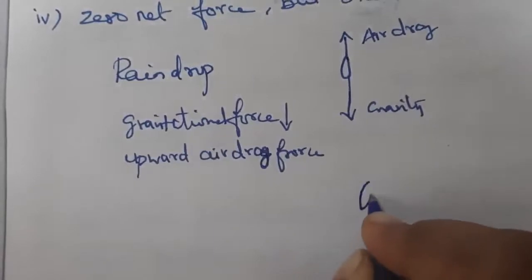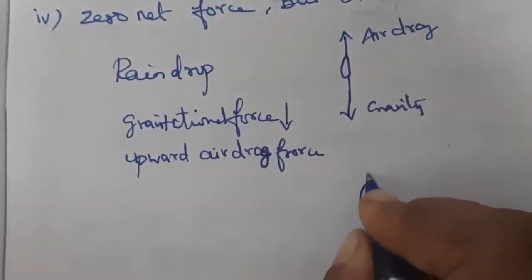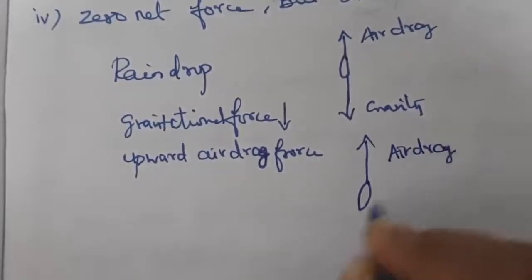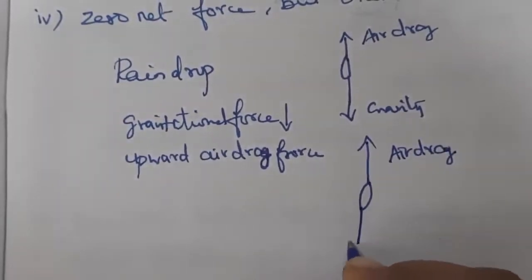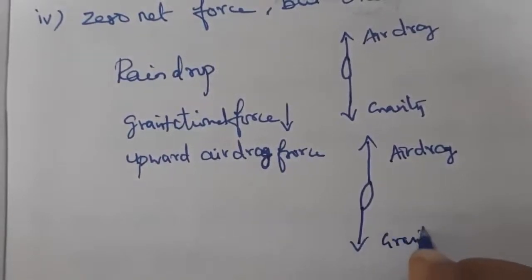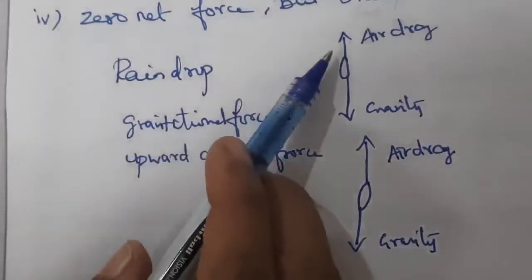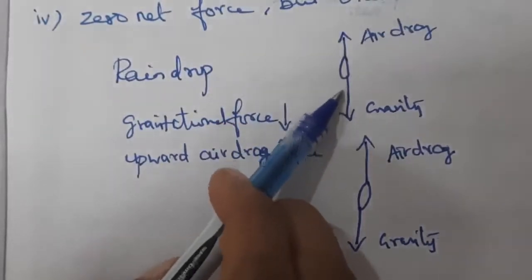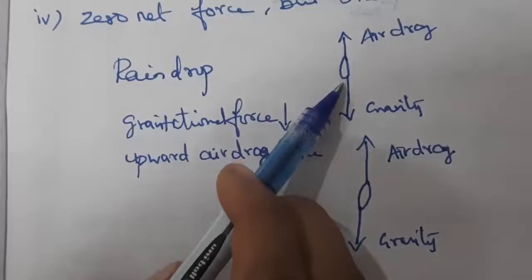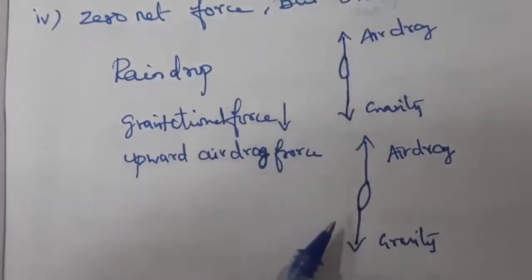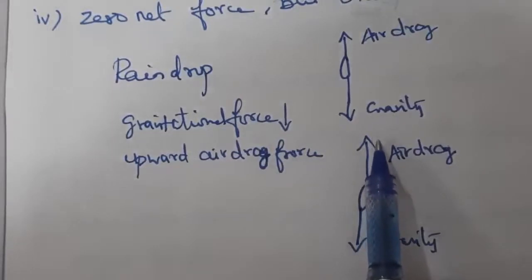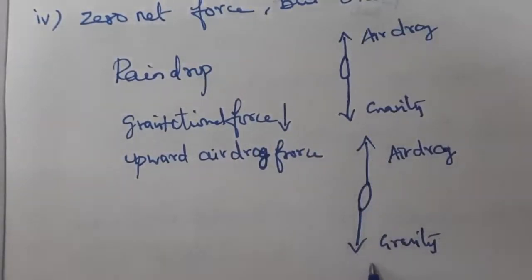So this is the raindrop, and the upward air drag force increases and cancels with the gravity. Here I have drawn a small arrow; here it is big in magnitude. When the raindrop descends down, the air drag force increases and it cancels with the downward gravity.